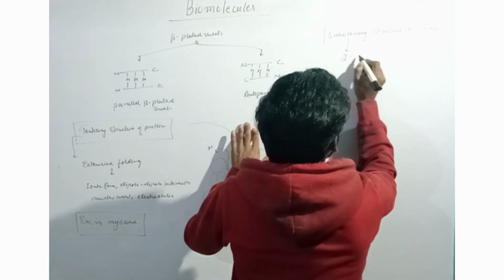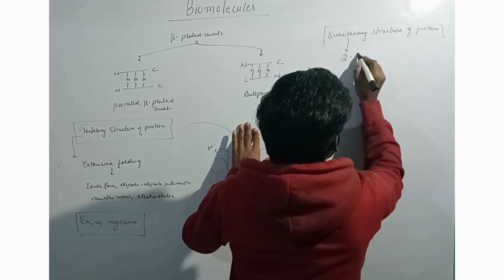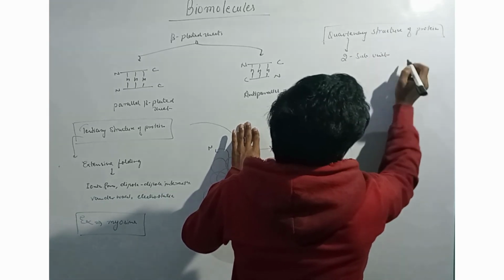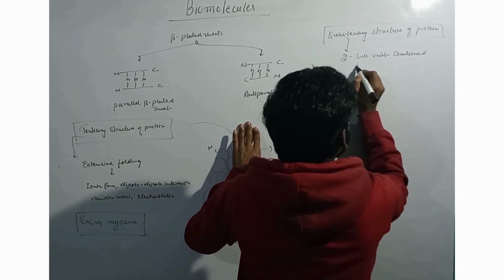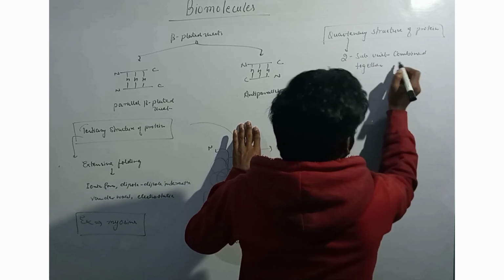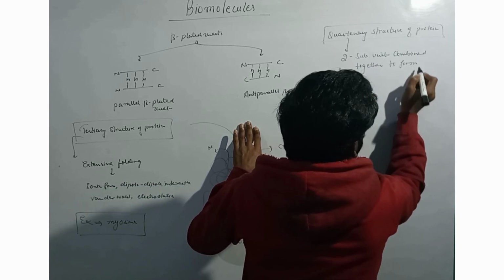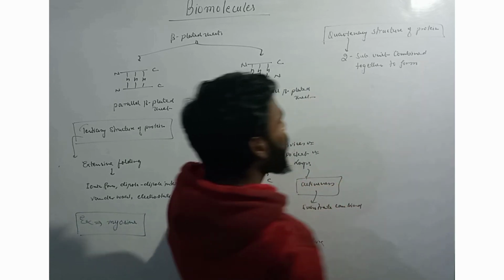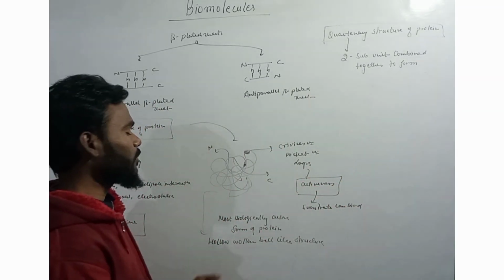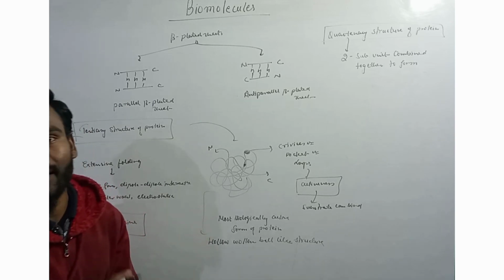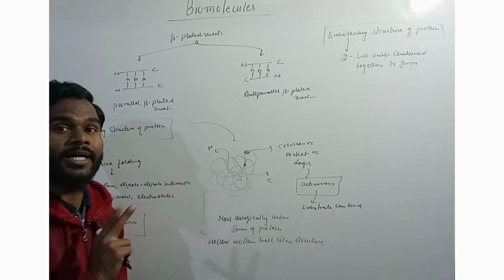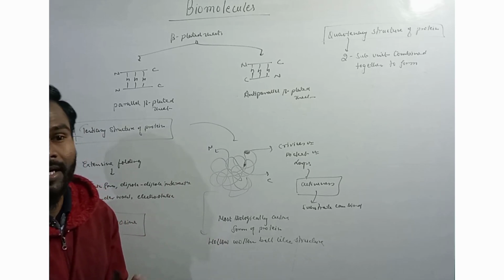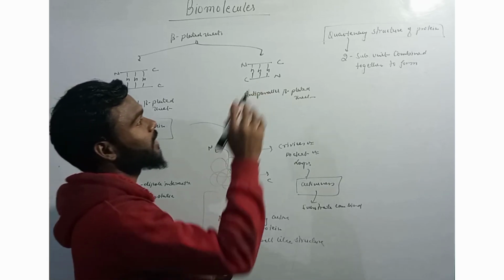Please do remember, two subunits combined together form the quaternary structure. For example, it may be a single protein, that is primary structure, it may be secondary structure, it may be two secondary structures, two tertiary structures, or one tertiary structure and one secondary structure. This is how the quaternary structure is formed.